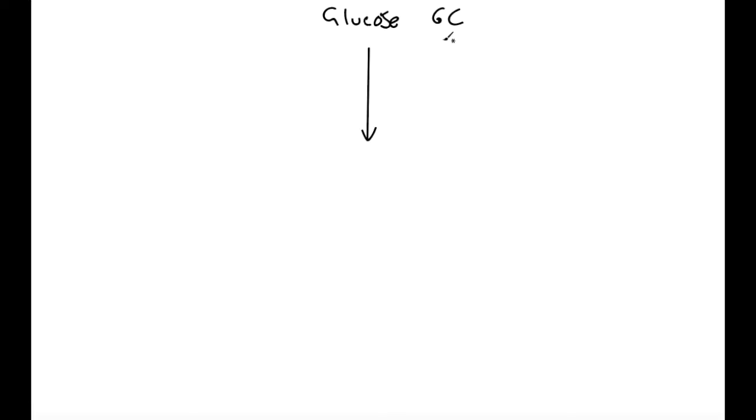So 6 carbon here is broken down into 2 molecules, 2 times triose phosphate, and that has 3 carbons each.